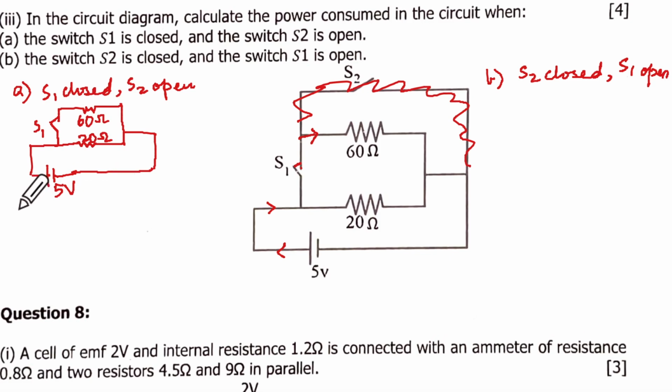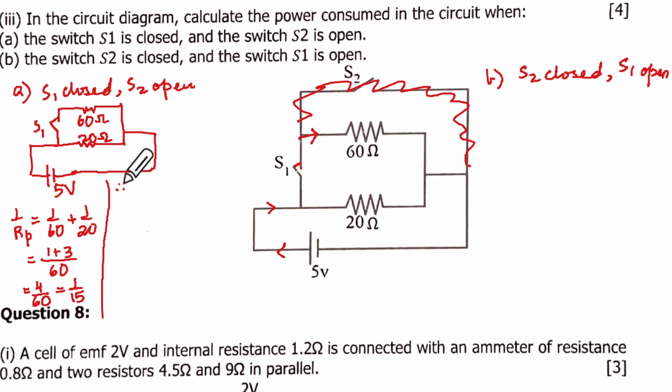So you will have 1 upon Rp equal to 1 upon 60 plus 1 upon 20. LCM is 60, so 1 and 20 goes 3 times, so 4 on 60, which is 1 upon 15, and we'll say therefore Rp is equal to 15 ohm. Your PD is how much? 5 volt.